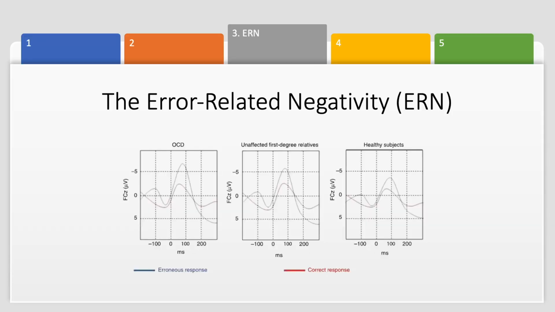So here's an example. The lines are a little bit difficult to see. We're talking here about the big wave. That's what we're interested in. You see that it's quite tall in people with OCD, a little bit less in first-degree relatives of people with OCD, and much lower in healthy subjects.